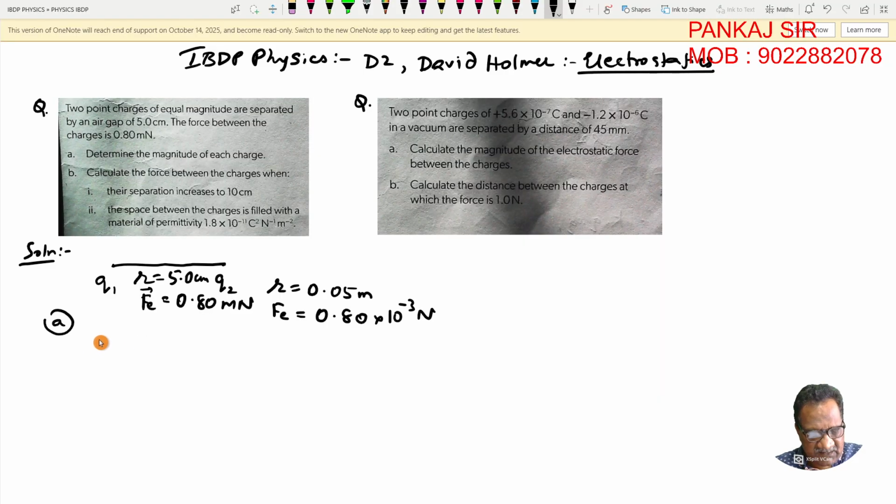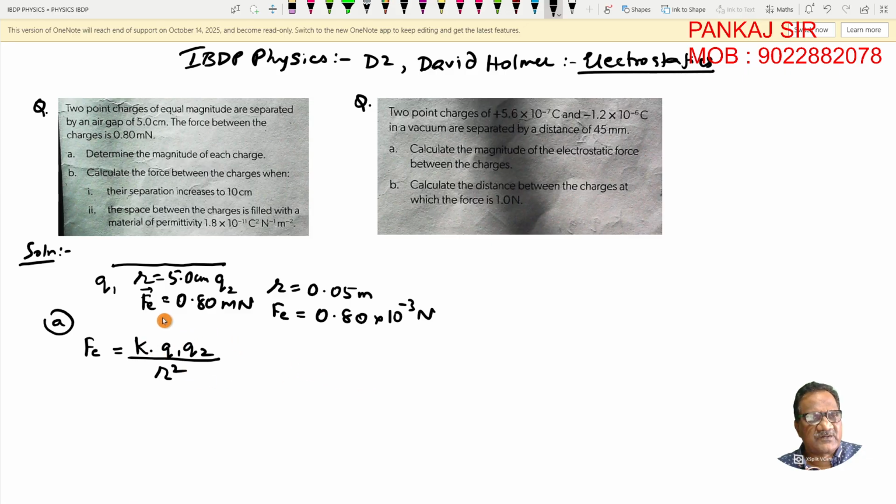Now the A part of the question is to find out the value of the charges. So let us start with this formula. Fe, that is the electrostatic force, is equal to K times Q1 Q2, the magnitude of the two charges, divided by r square. This is the formula.